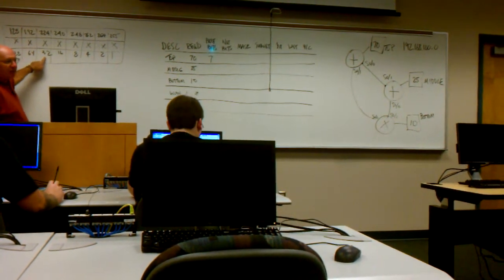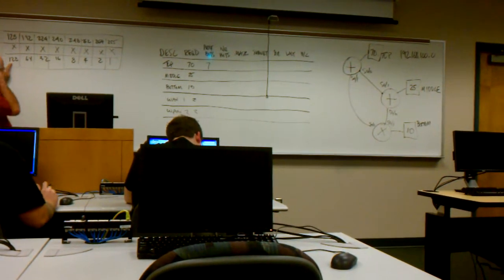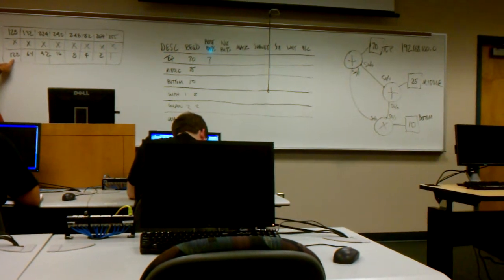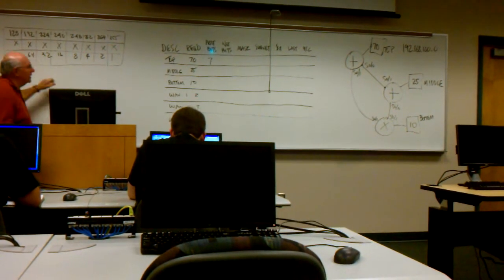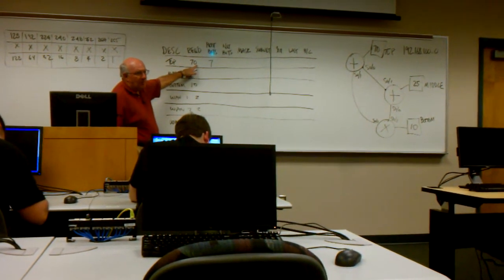I'm sorry, 2 to the 7th is 128. So 2 to the 7th minus 2 would be 126, which more than covers my requirements.